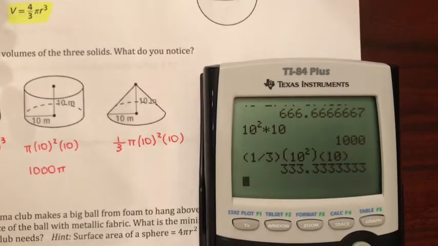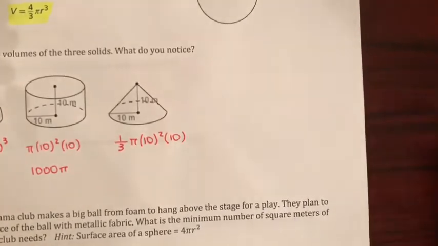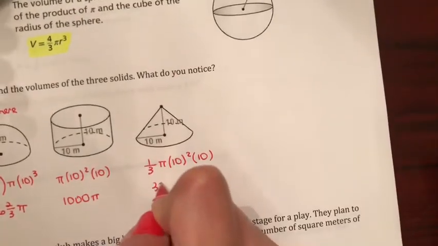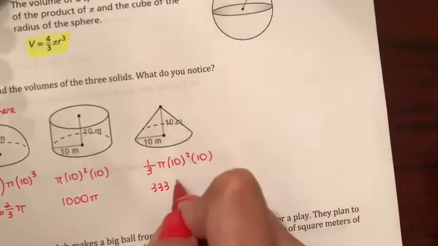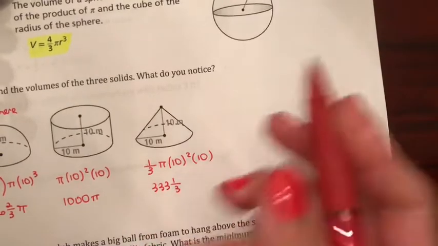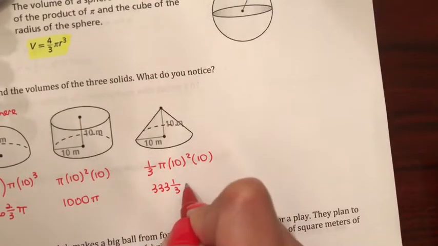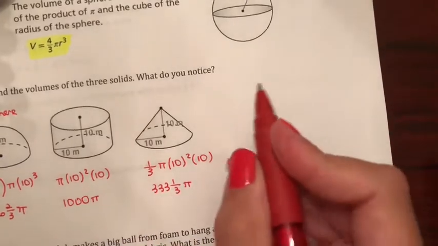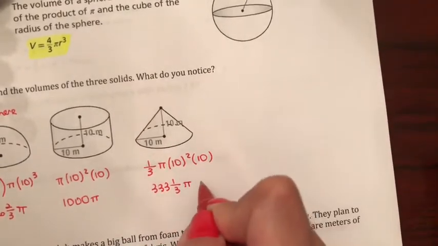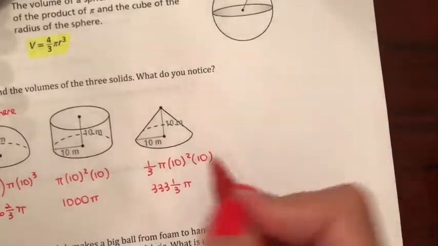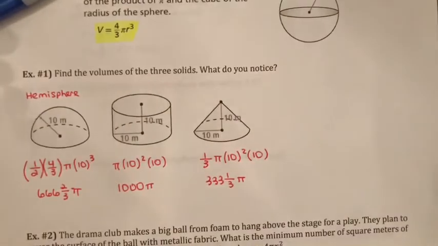And that gives me 333 1/3 pi, and what are our units here? So we've got meters cubed for all of these, okay?